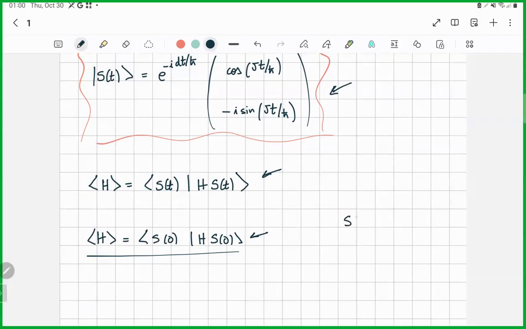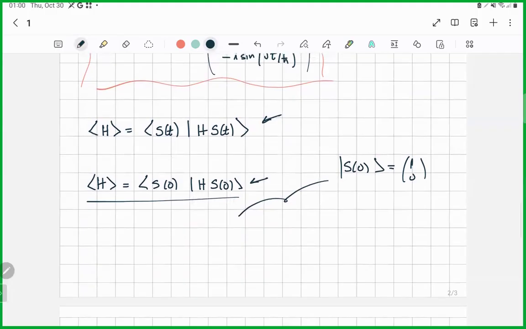The initial state is (1, 0). So let's put things together. The bra is (1, 0). The Hamiltonian is diagonal, d, j diagonal, acting on (1, 0). So that's what we have to solve to find what the energy is.